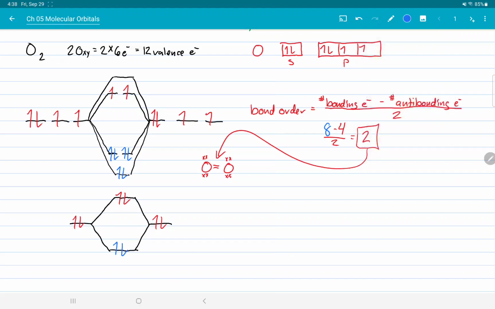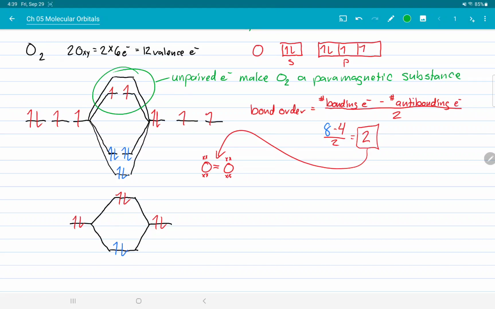So last little bit, I want to talk about those electrons up above. Actually, let me do a different color. I'll do green. These unpaired electrons make O2, oxygen, a paramagnetic substance.